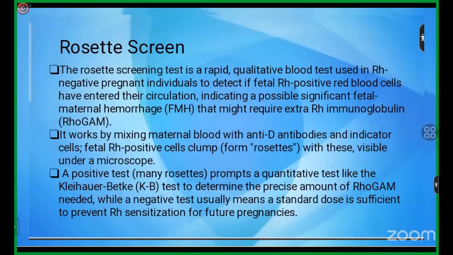A positive test, meaning many rosettes, prompts a quantitative test like the KB test to determine the precise amount of ROGAM, that's anti-D immunoglobulin, needed. A negative test usually means a standard dose is sufficient to prevent Rh sensitization in future pregnancies.